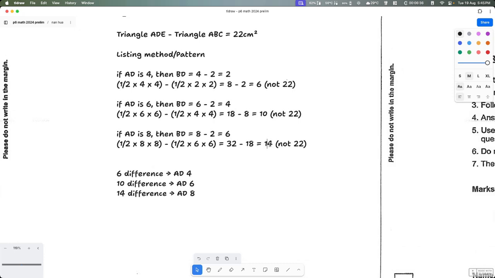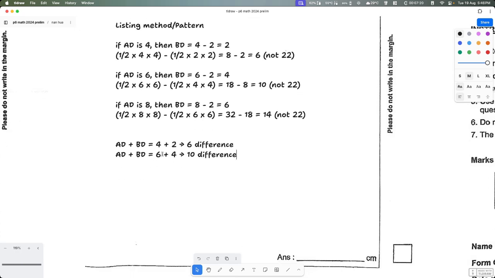So you see 14 over here is basically 8 plus 6. 10 over here is 6 plus 4. So 6 difference means AD plus BD is equal to 4 plus 2. Then from here, AD plus BD is 6 plus 4, which is equal to 10 difference.